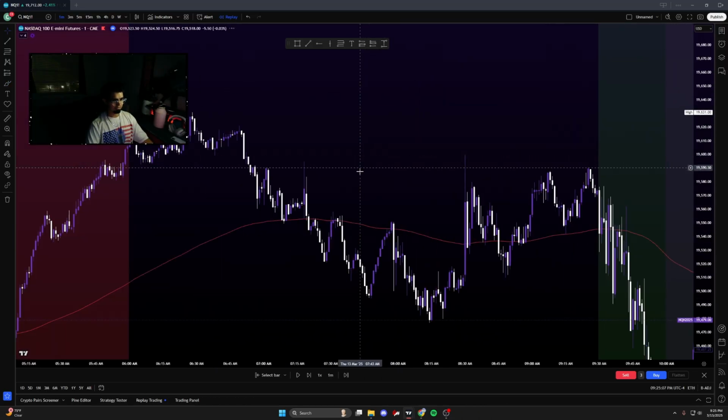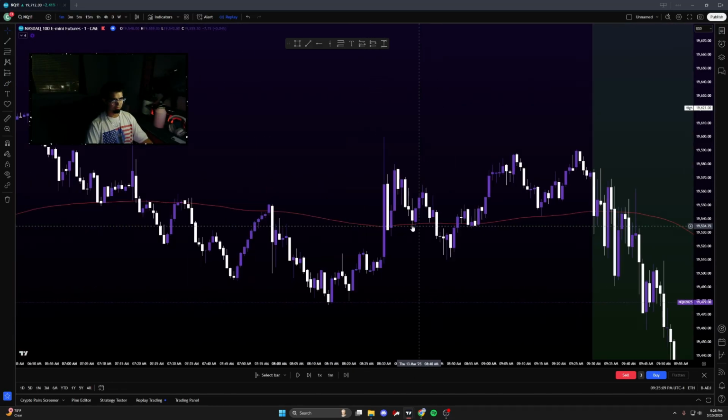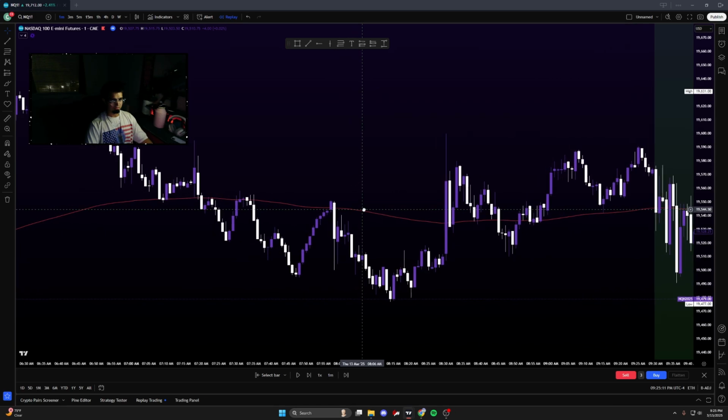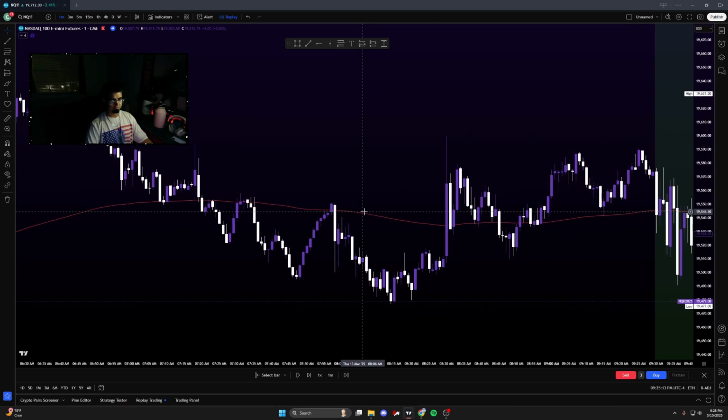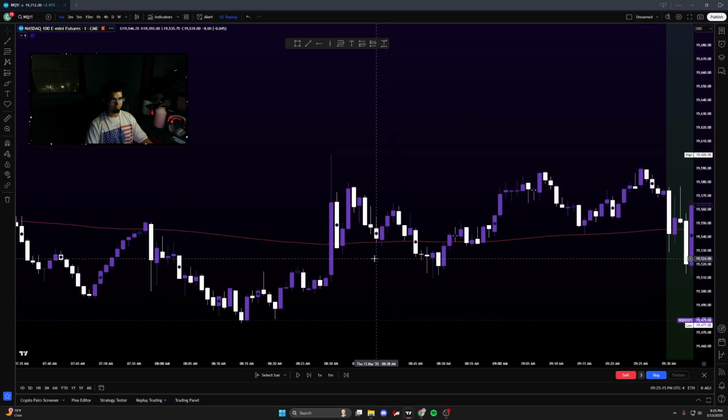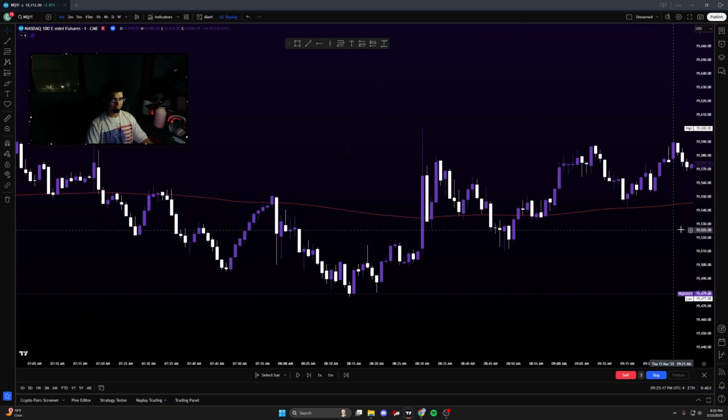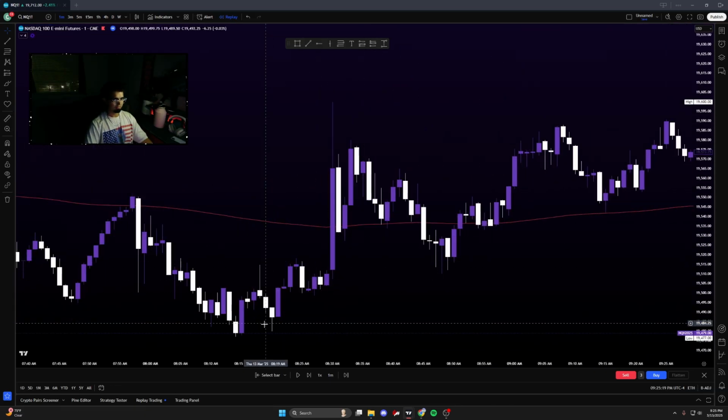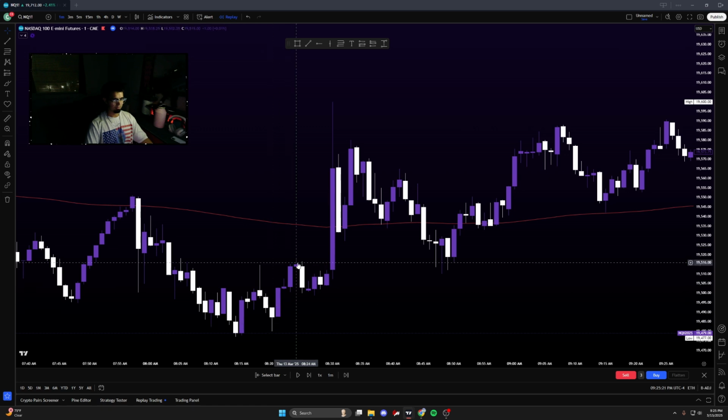Let me try to find another example of a false break of structure. Okay, this one right here. So we're in this uptrend, right? We have higher high, higher low, higher high, higher low, higher high, higher low, higher high, higher low.